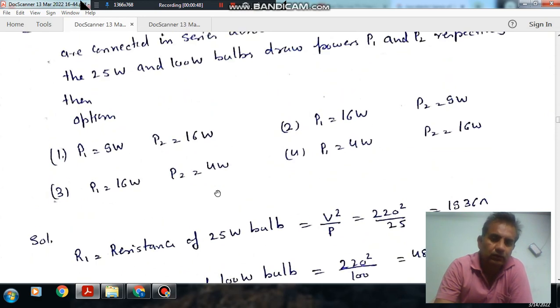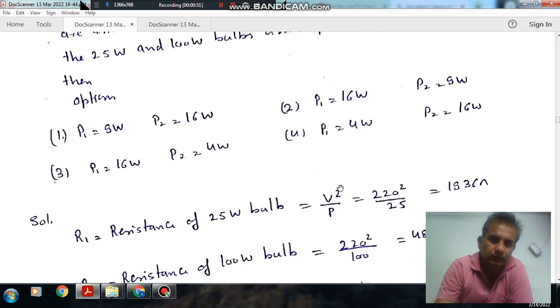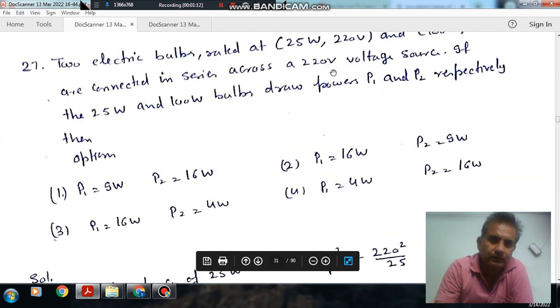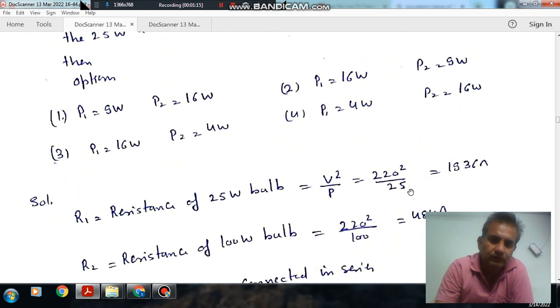So the resistance of the 25 watt bulb: we know that the power is VI and V is IR, so I will be V by R, so power will be given by V square by R. Or we can say that P is equal to V square by R, or R is equal to V square by P. So voltage is 220 and power is 25, so the resistance of the first bulb is 1936 ohm.